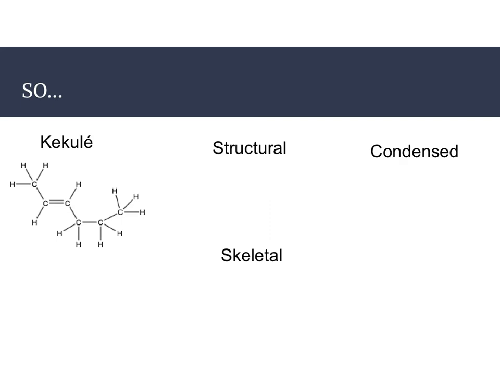So let's look at the structural formula first. Remember, the structural formula just eliminates the bonds between hydrogen and anything hydrogen is bonded to. So I'm going to start by just maintaining the bonds between carbons and representing those. So there we go, that should represent all of our carbons.